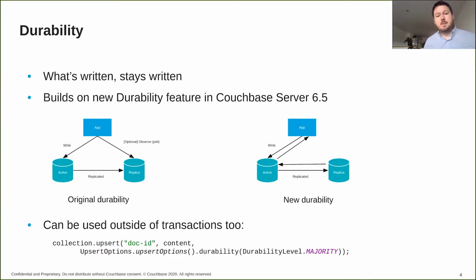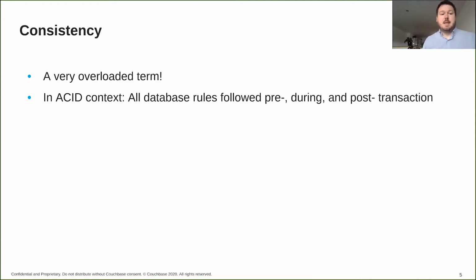You can also wait for it to be written to disk on either the active node or the active node plus a majority of replicas. So you have those additional durability safety options if you need them, but majority is a sensible default for the majority of transactions, we believe. So that is how we provide durability.